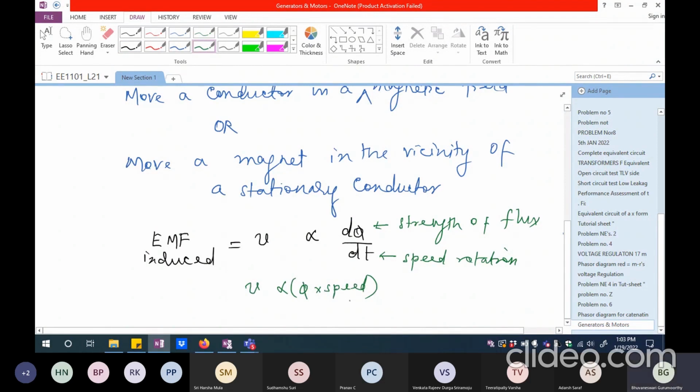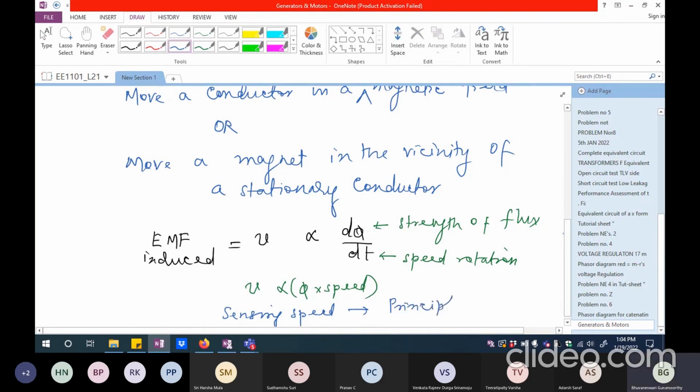This particular concept of induced EMF being dependent upon speed in a generator can be used for sensing speed. In most of the apparatus used for sensing speed, we invariably use the principle of generator.